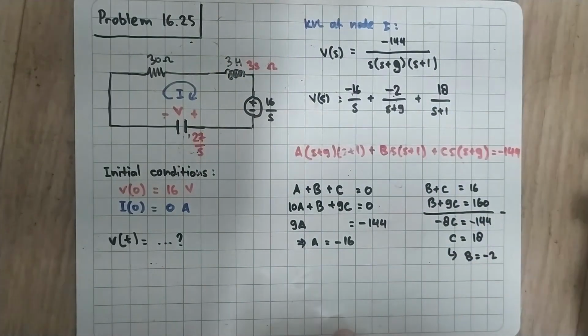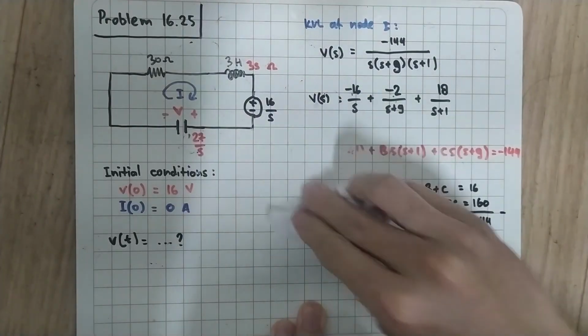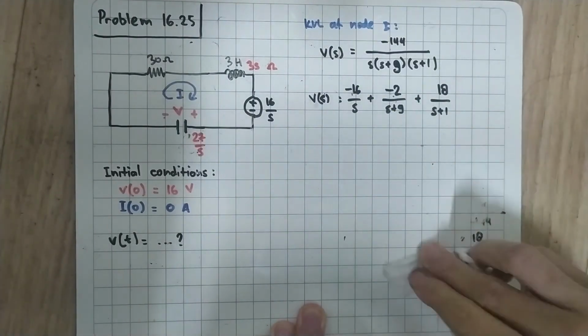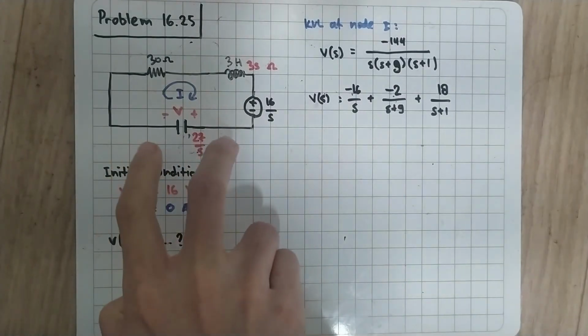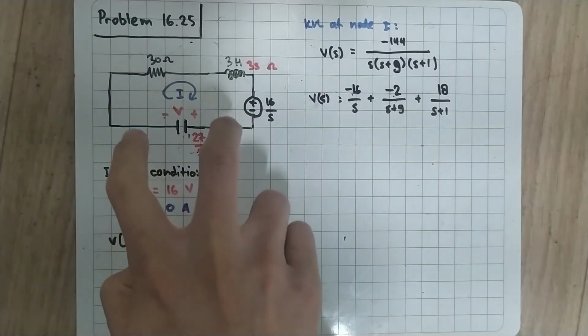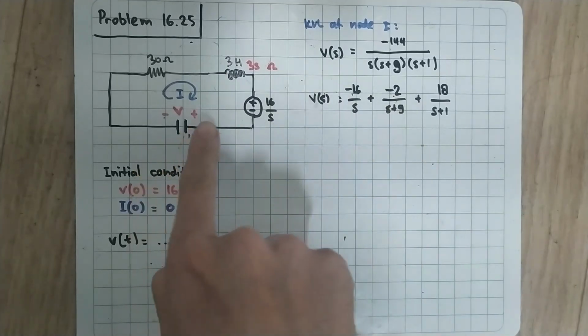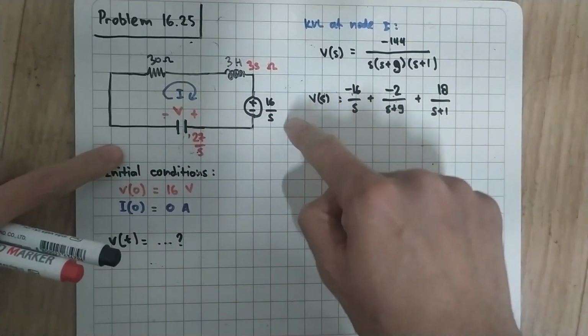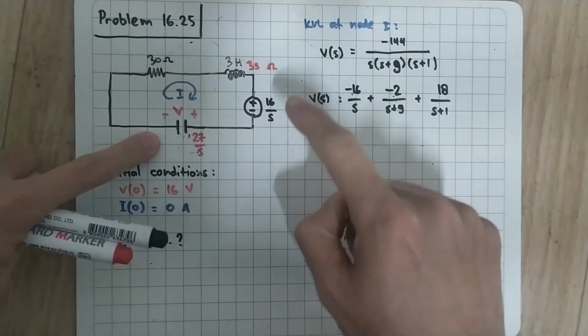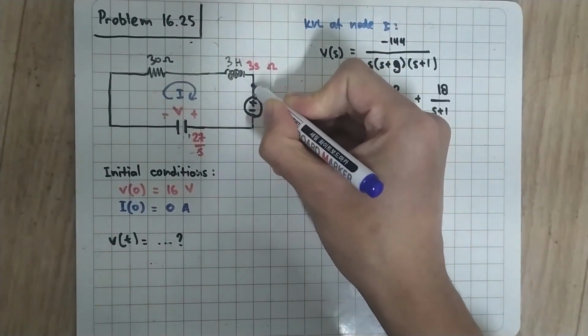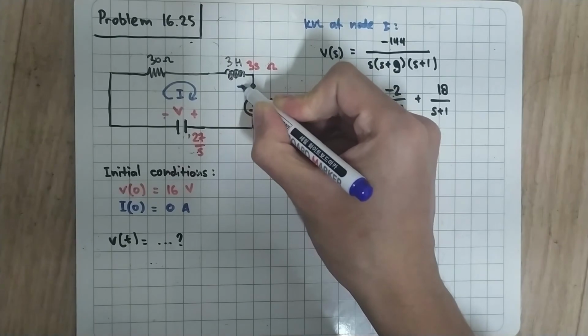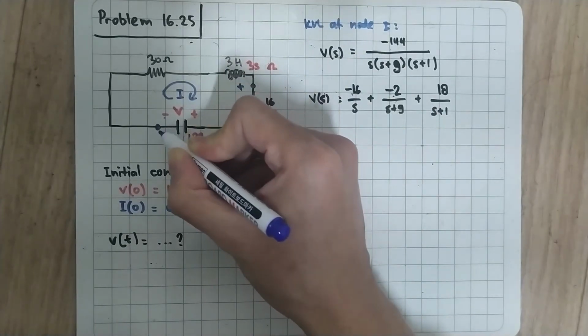Okay, now we need to convert this to time domain, but remember that this Vs is only this capacitor. At time domain, the voltage will be this voltage source and the capacitor. So the voltage that we need is actually between this node and this node.